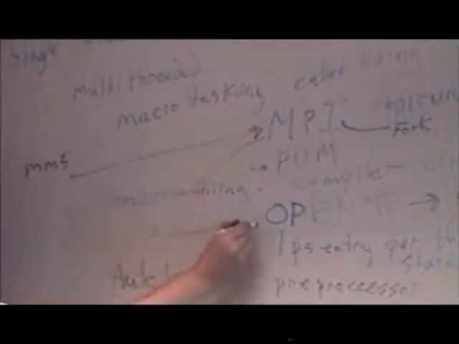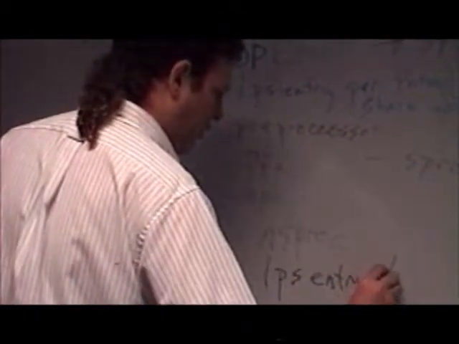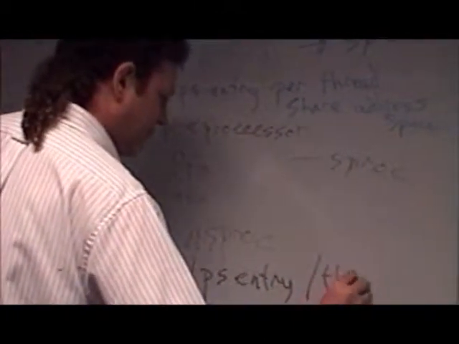In fact, in the weather environment, there's a program called MM5, and it spawns MPI tasks, and those MPI tasks then spawn OpenMP threads. So you can use these in combination with each other. So you can be forking off children, you can be forking off MPI tasks, or you can be creating OpenMP processes. By the way, with P-threads, it's one PS entry per thread group.